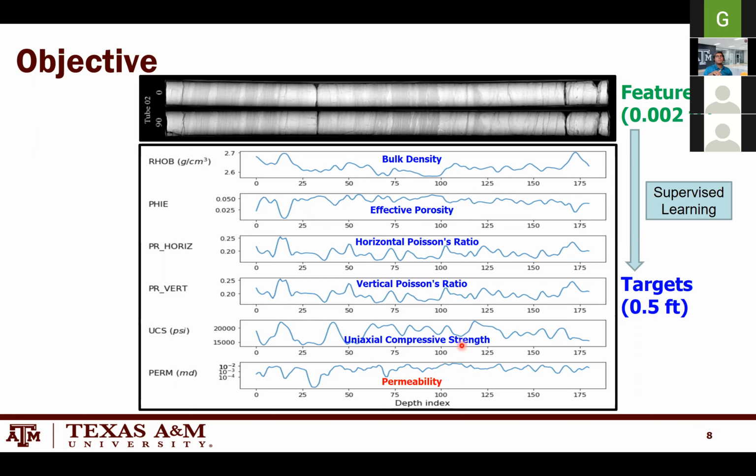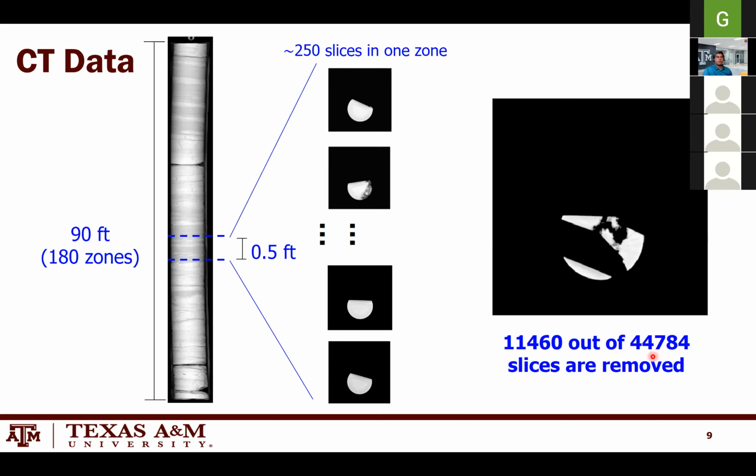If I look at a 0.5 feet depth interval of this core data, which is 90 feet, it has 250 slices. Some of the slices are pretty good. Some of the slices are broken. There were 11,000 samples that were broken out of 44,000.